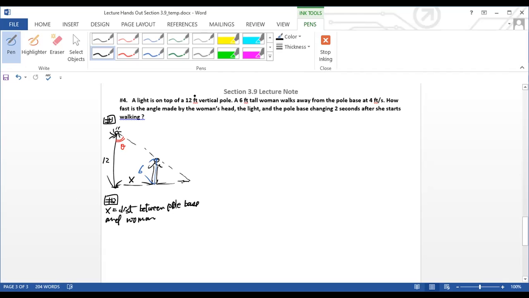And then I can have another one here, which I call y. What is the y here? Y is the distance from the woman to the tip of her shadow.